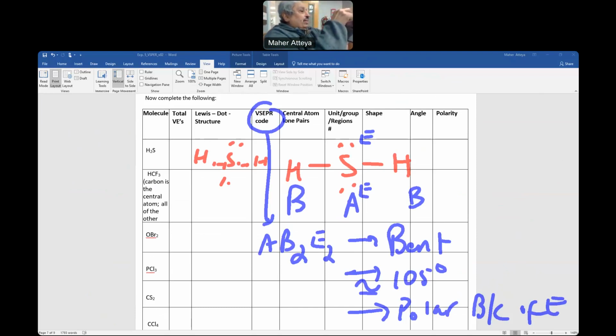That's one of the lone pairs here, the top. That's in the back somewhere, another lone pair. So it will look like this. Hydrogen is the green atoms, and those are the two lone pairs. And the blue one is your sulfur.